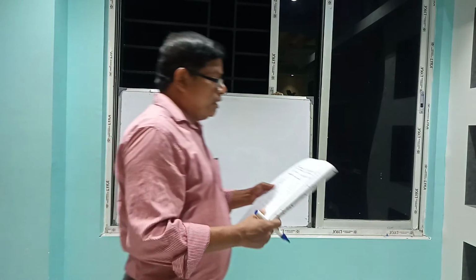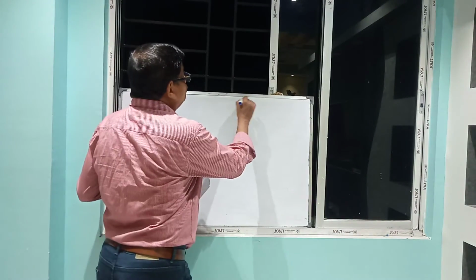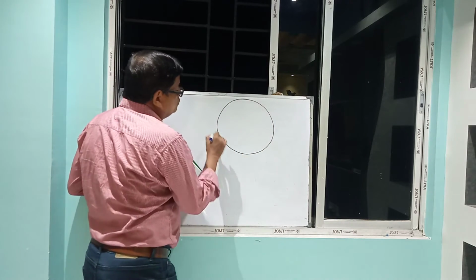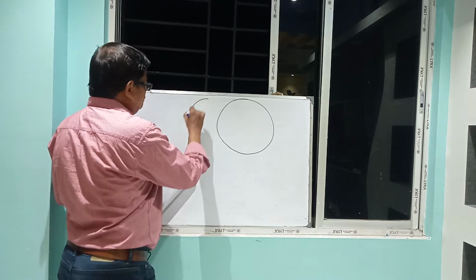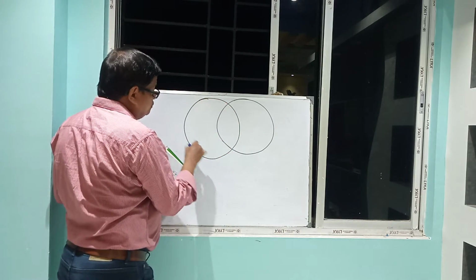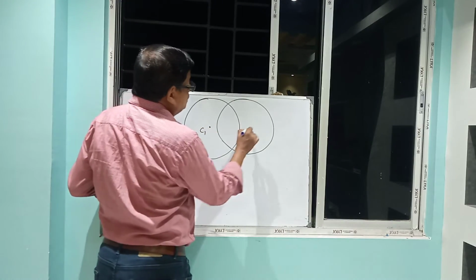See, suppose I go on to another one. Find the equation of the common chord of two circles that are given. See, two circles are given. Suppose this is the C1 center and this is the C2 center.